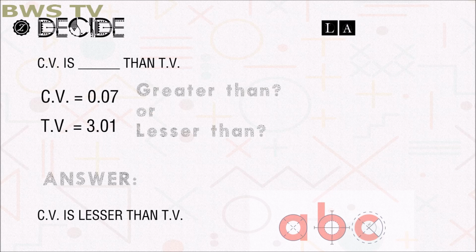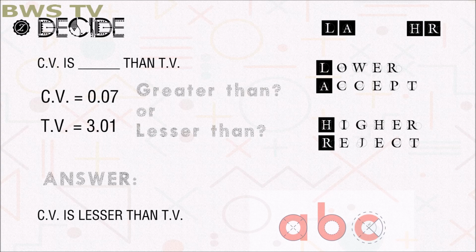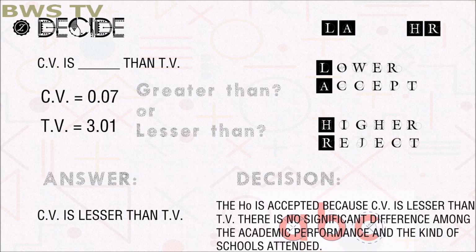And remember the acronyms LA and HR: lower accept, higher reject. And now your decision will be that HO is accepted because CV is lesser than TV. There is no significant difference among the academic performance in any kind of schools attended.